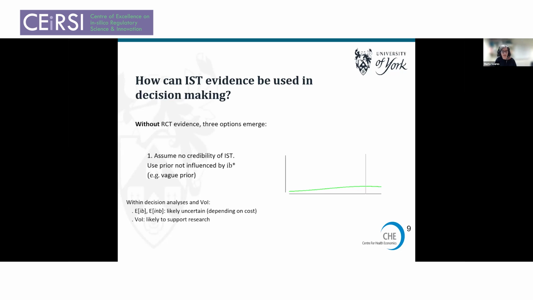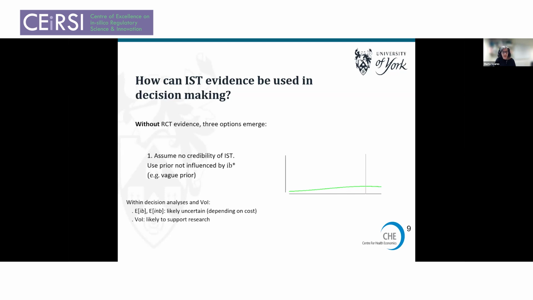So we can describe a parameter like the incremental benefit as a distribution and directly refer to that. And that aligns very well also with the concepts of probability of error and model risk that we've been referring to, both in the in-silico world, but also in the decision analysis world.